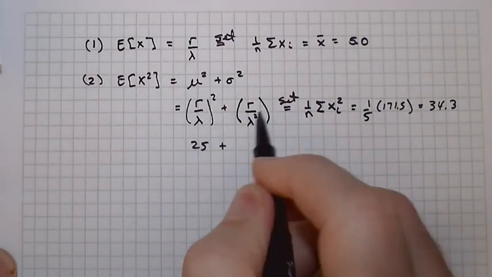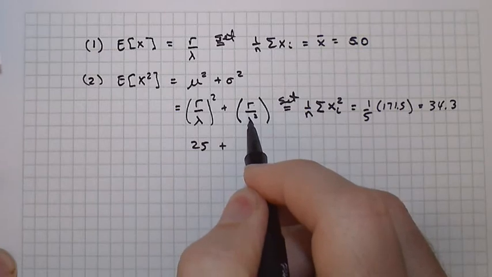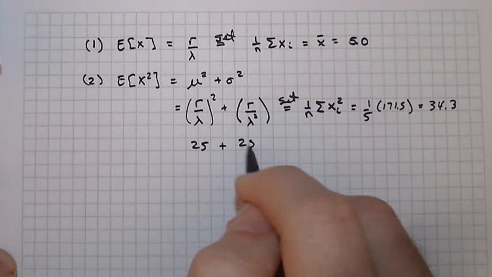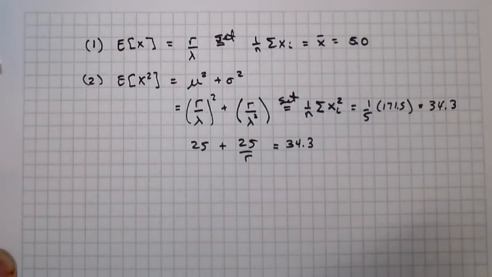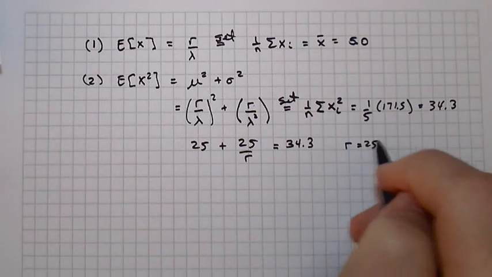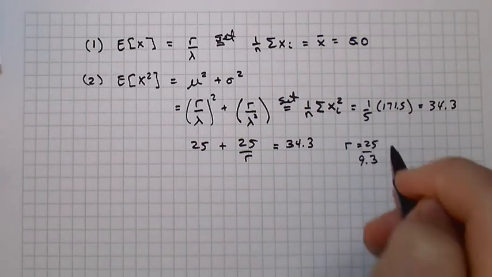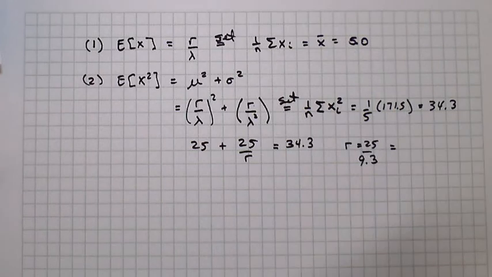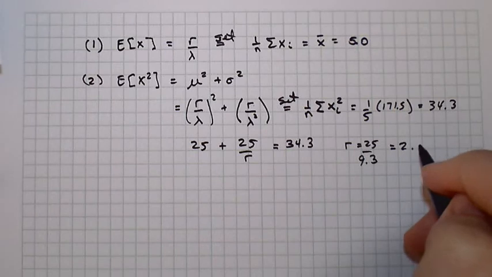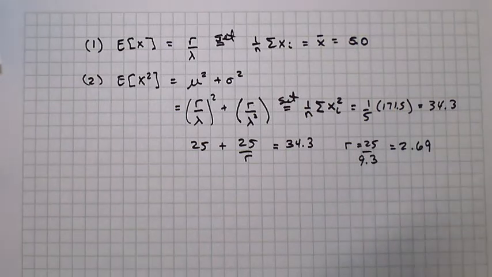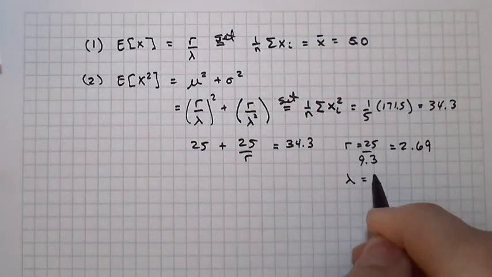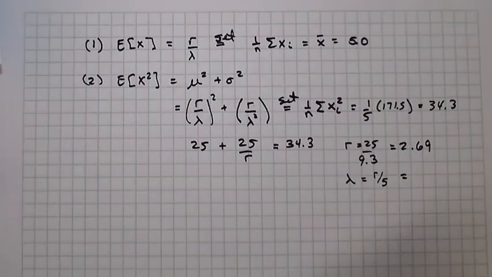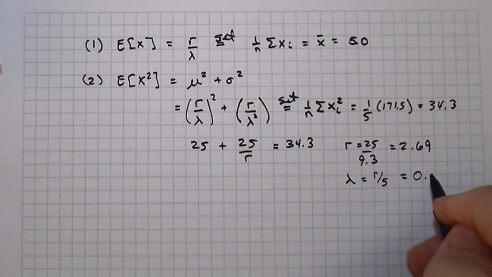Plus, and then we can divide by r over here, and we'll get then 25 over r, and that's equal to 34.3, and so r is equal to 25 divided by 9.3, and that's equal to 2.69-ish, from which then we can find out that lambda is equal to r over 5, and our lambda is equal to 0.54.